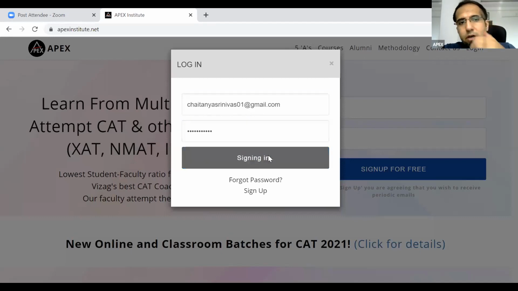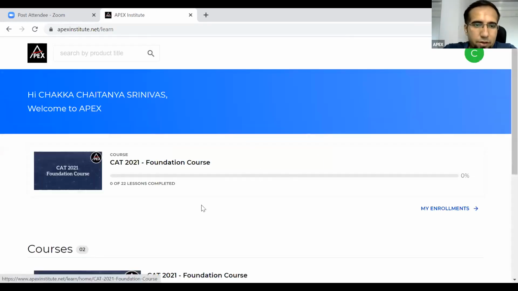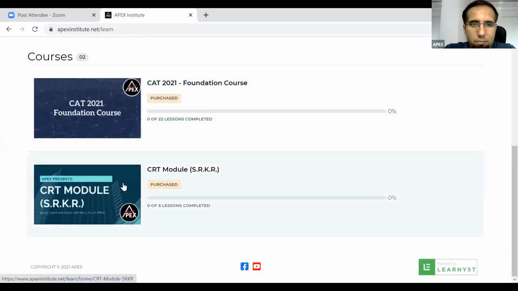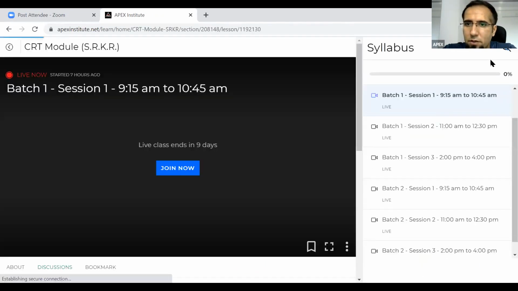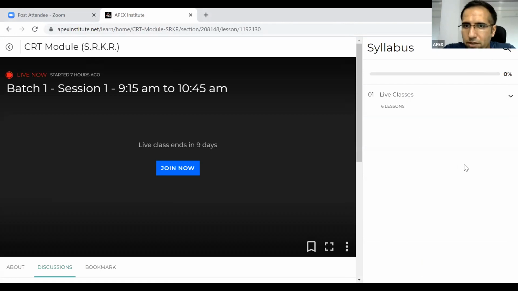So after you log in here, it's a very simple procedure. You go back to your SRKR module, you click here. Now on the right hand side, you see all these things available to you. This is all about live classes. So minimize the live classes.